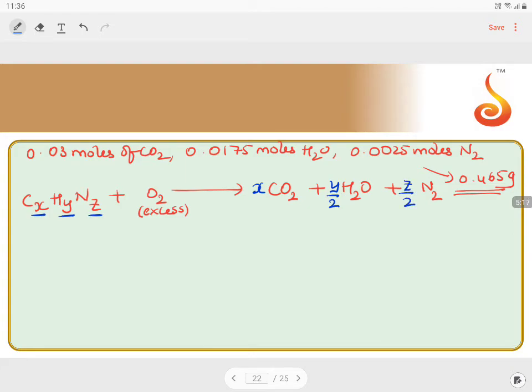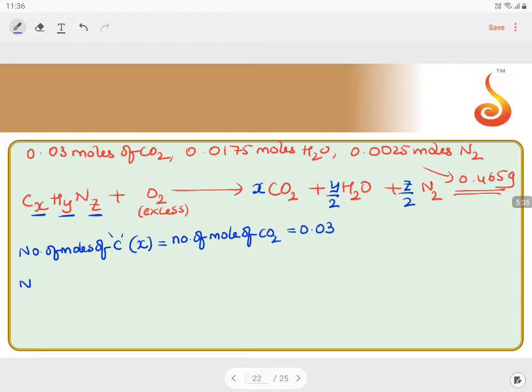This is our key point, from which I can write the number of moles of carbon. The value of x is the number of moles of carbon dioxide, which is 0.03.